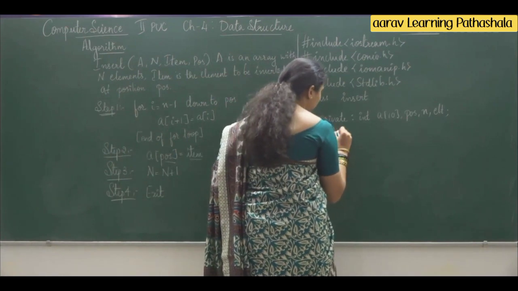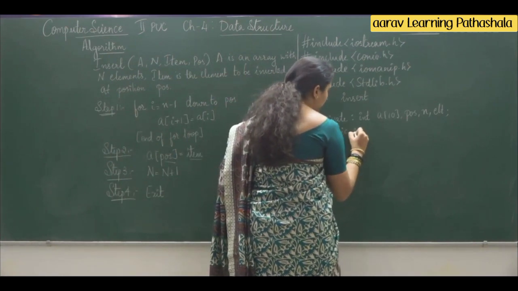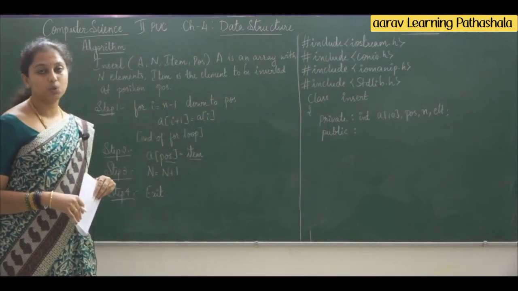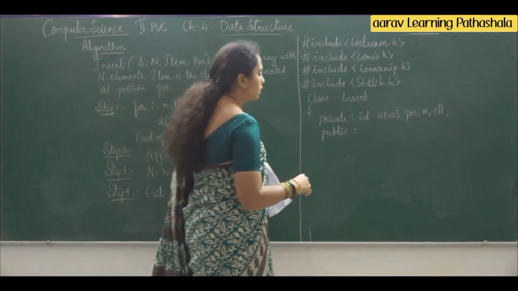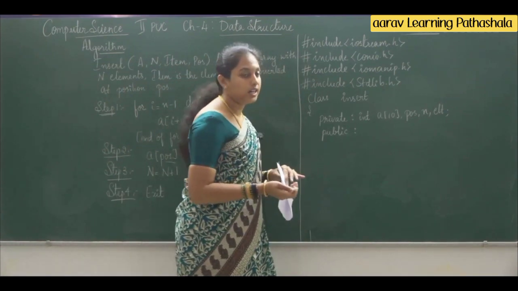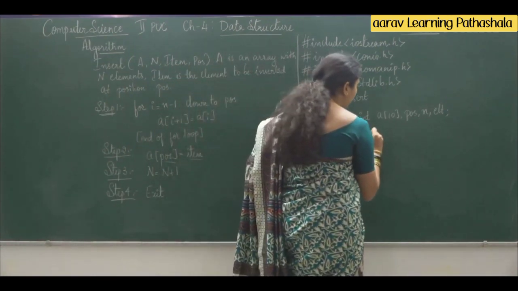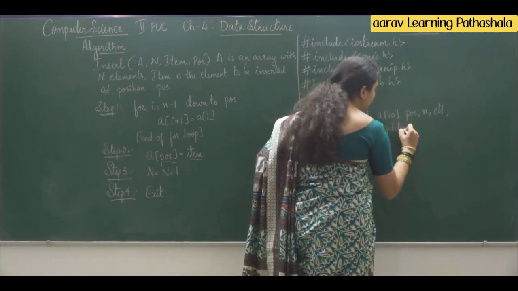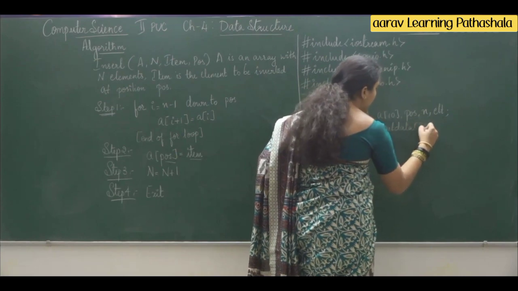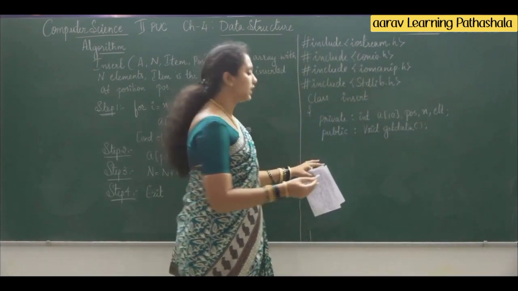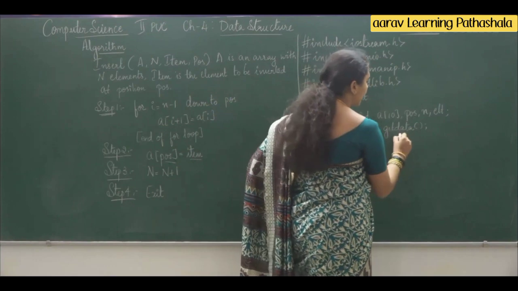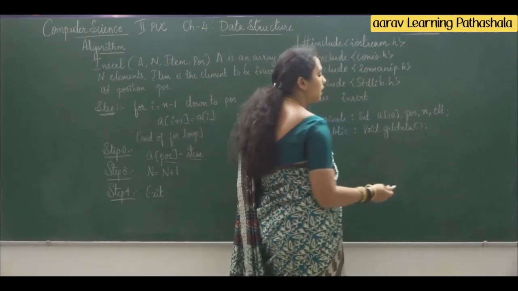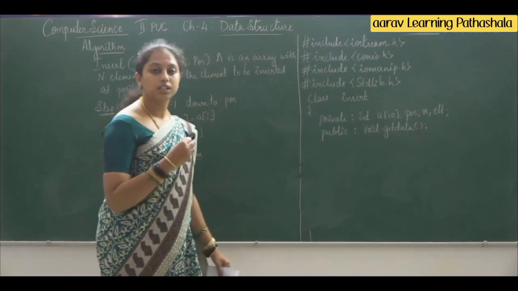In the public section, I am going to declare the functions which are required in our program. So which are the functions we require? Get data, void get data. Why the return type is void? Because this function is not returning any value. So the get data function is used to accept the required data from the user.